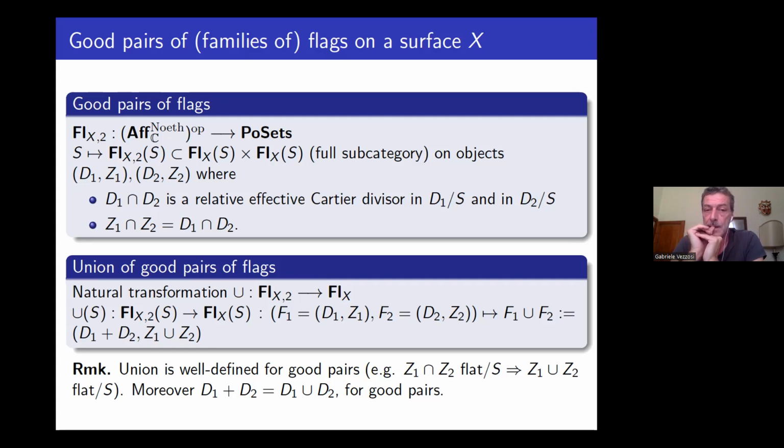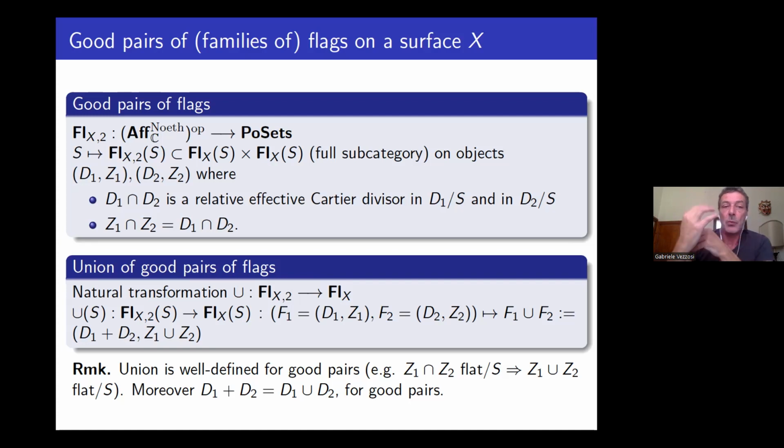Okay. So, for example, take the two axes, x equal to 0 and y equal to 0. Then this transversality property is included in this case, because the intersection of the two axes, the origin, is not a Cartier divisor in the union of the two divisors, but it's a Cartier divisor in each one of the two.